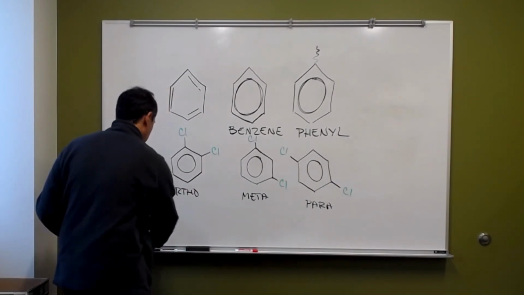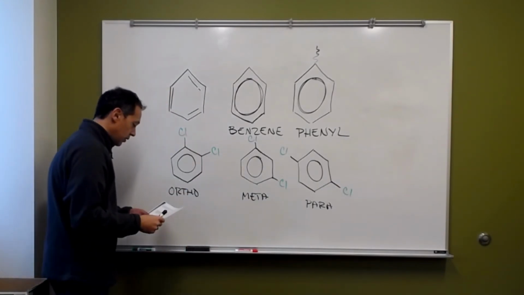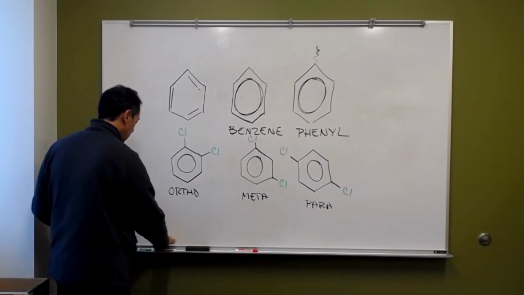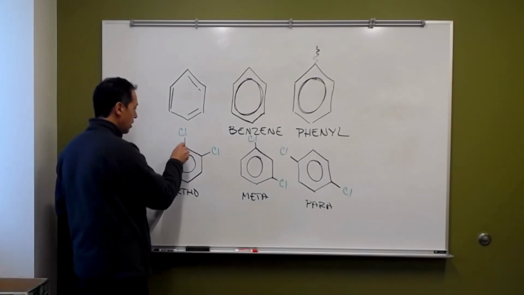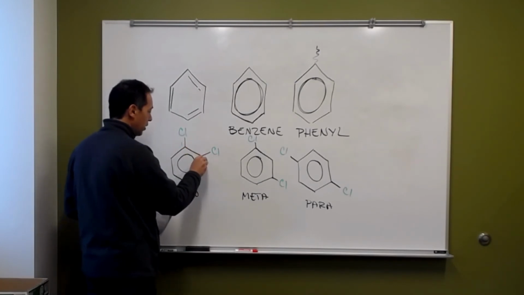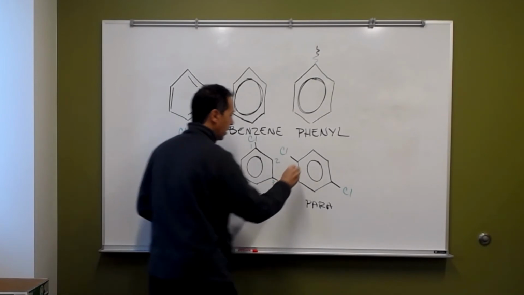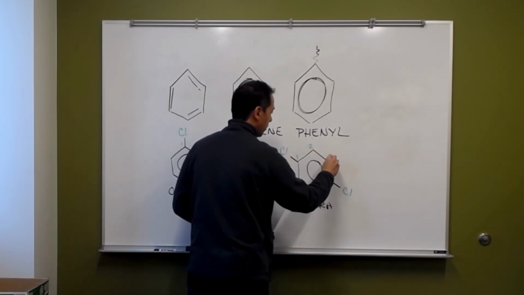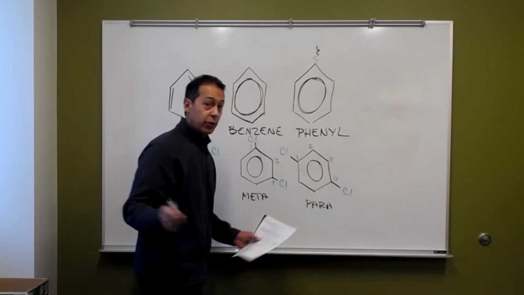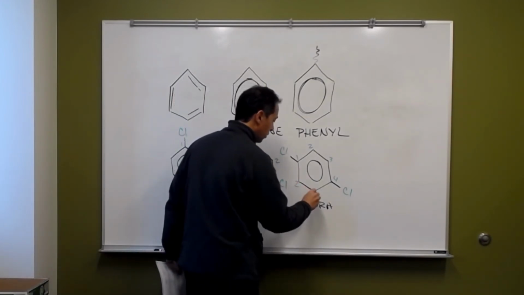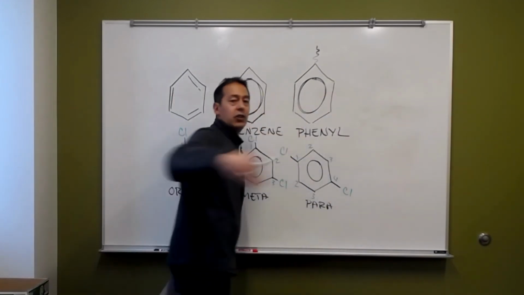All right, so now how do we name this one here, okay? So one way of naming this is you might say, oh, well, if I were to just number these things, right, here's 1, and then here's 2, right? And here's 1, 2, 3, and here's 1, 2, 3, 4. But wait, what if you went the other way? 1, 2, 3. It's the same thing.